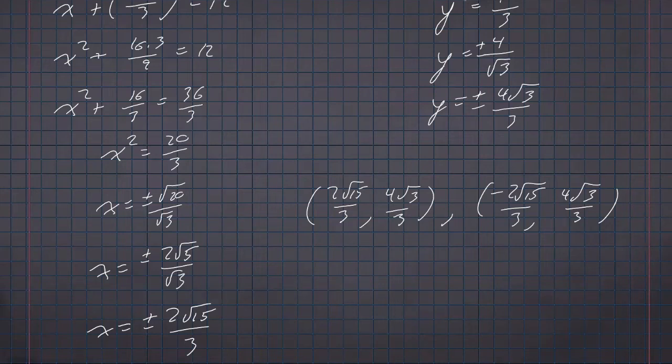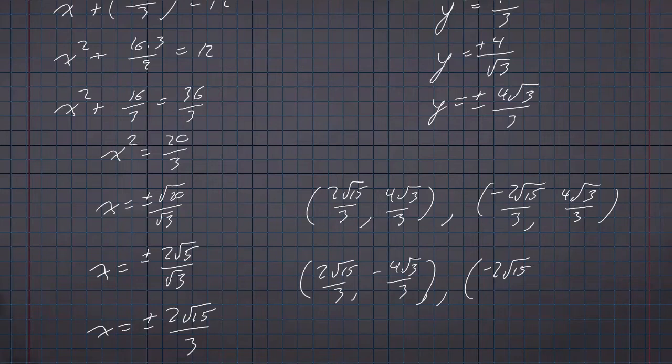So that gives you the other two solutions to this system. 2 root 15 over 3, negative 4 root 3 over 3, and negative 2 root 15 over 3, negative 4 root 3 over 3. Right. This system of two nonlinear equations has 4 distinct possible solutions.